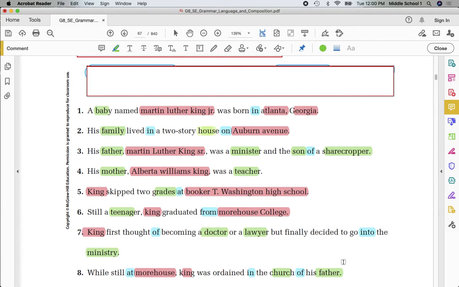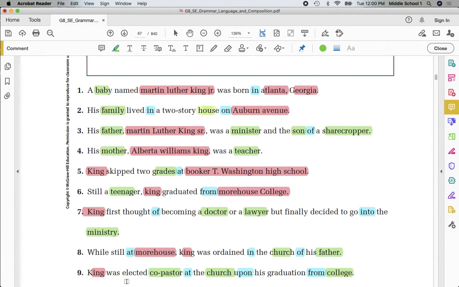And finally, number 9. King was elected co-pastor at the church upon his graduation from college. As I was going through your papers, I noticed that some of us didn't separate our prepositional phrases, and I'm going to caution you about separating your prepositional phrases now, because if you don't separate them, maybe you're going to miss one of the objects.